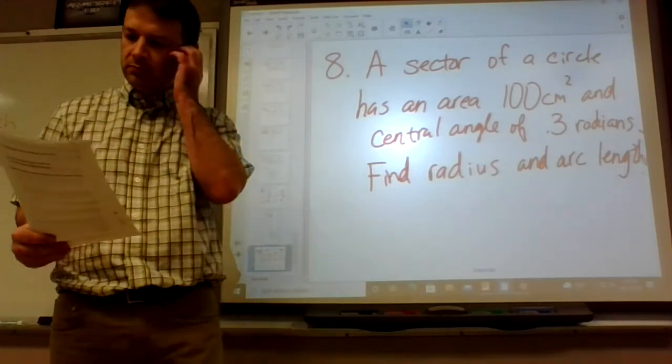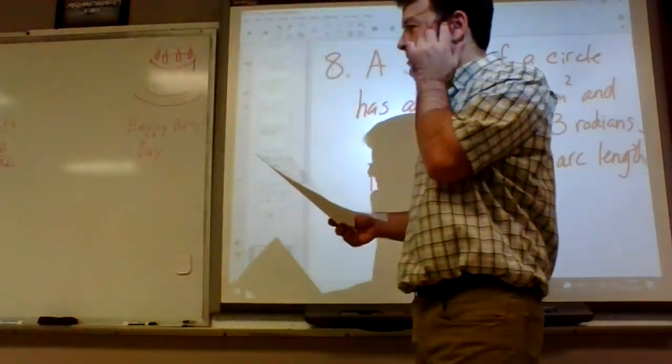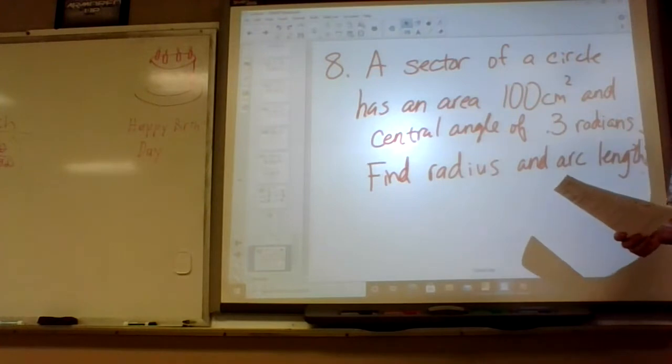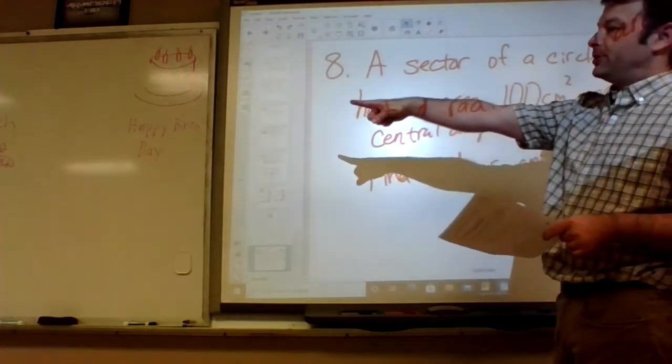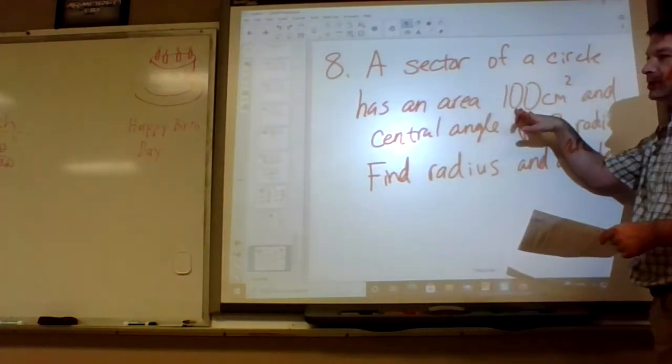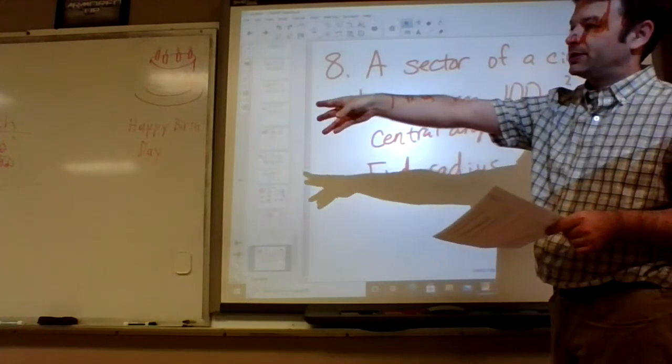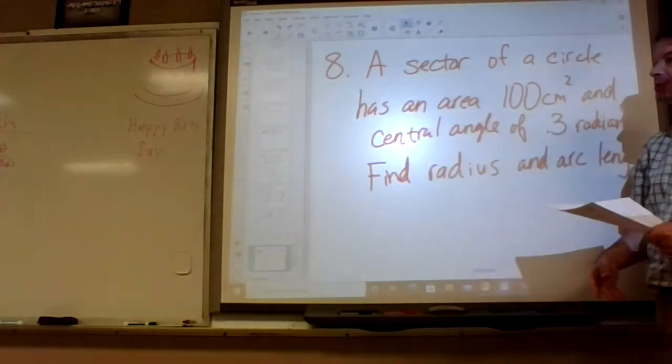So we gotta find the radius. The formulas are actually easier because it's radians. Well, we know the sector area is 100, so set the sector area formula equal to 100.